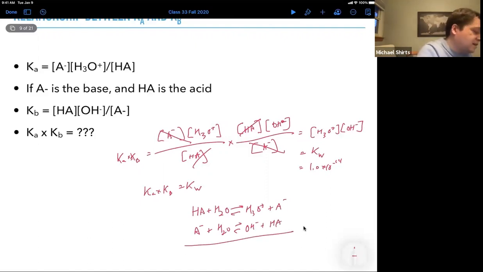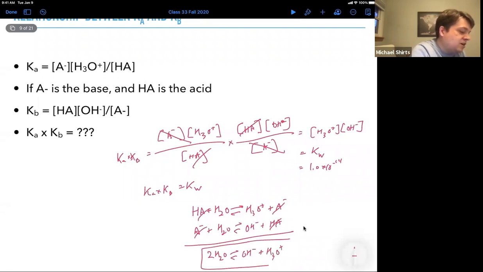So that gives us 2H2O, because the HAs cancel out on both sides, going to OH minus plus H3O plus. That's just the equation for the autoionization of water, which is of course the equation for which Kc is equal to Kw. So this is a general mathematical relationship just because of the relationship between conjugate acids and conjugate bases.